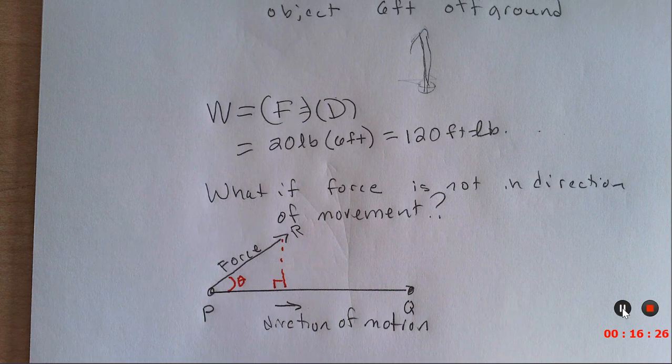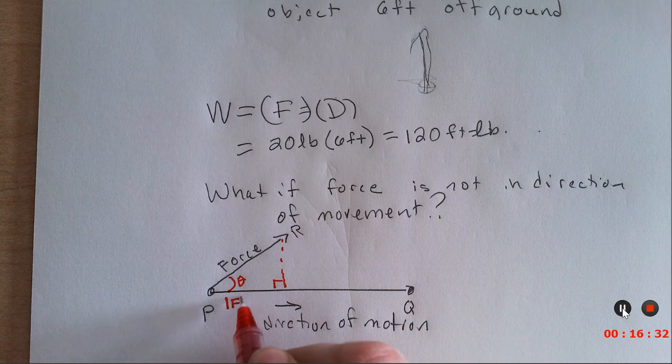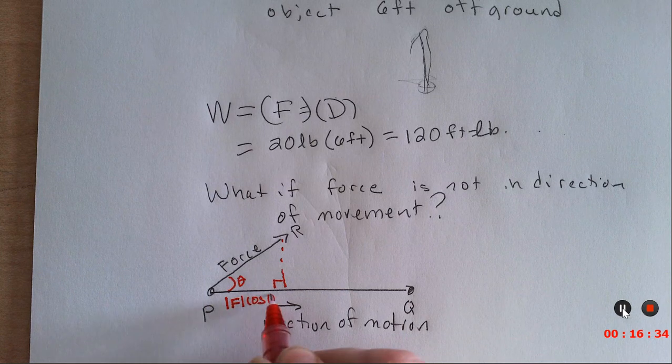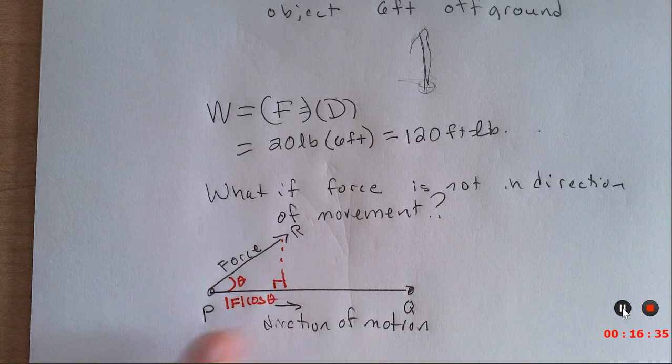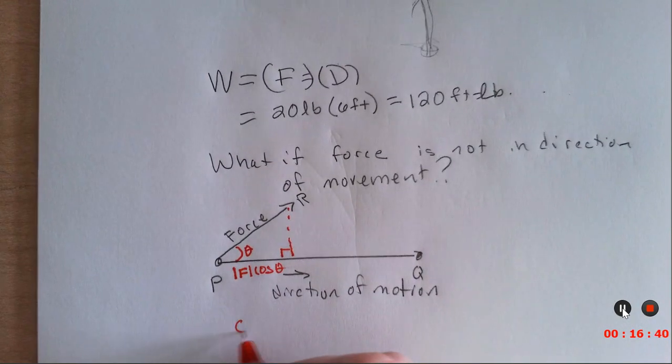And I can draw up a perpendicular, just like we often do. And based on all of the calculations that we've done before, we can see that the magnitude of the force times the cosine of theta would give me this adjacent side, so parallel to the direction of motion.